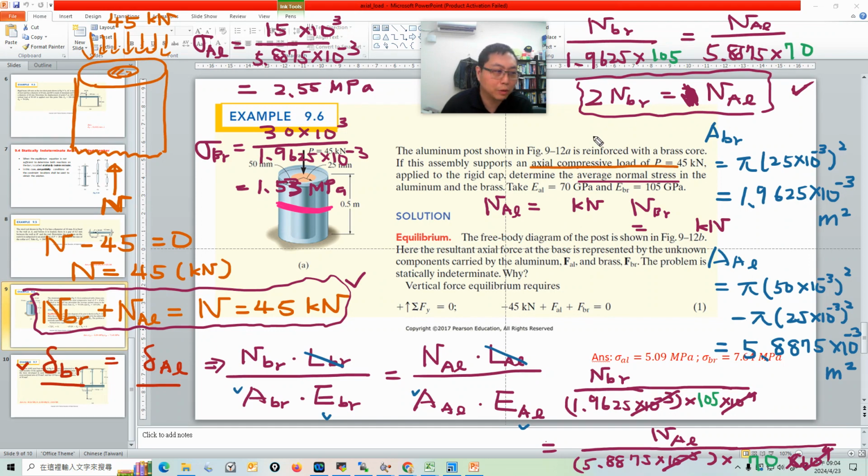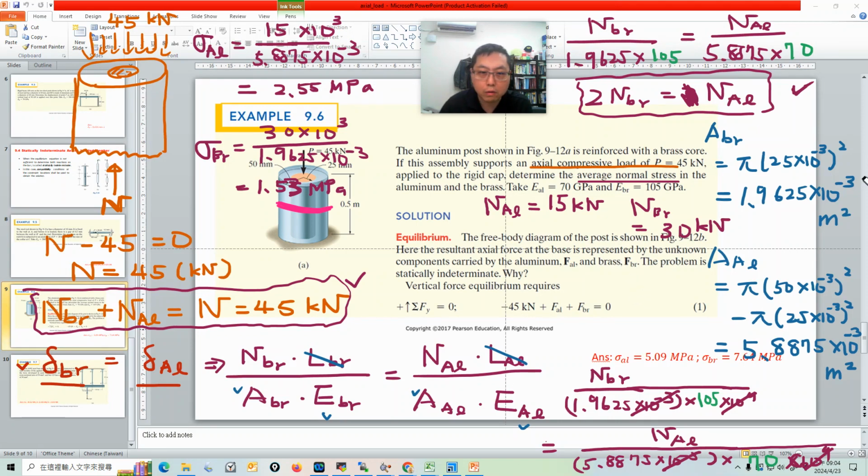Okay, so this is the correct one. NAL is 15. Okay, NBR is 30. NAL is 15. Oh, MBR.